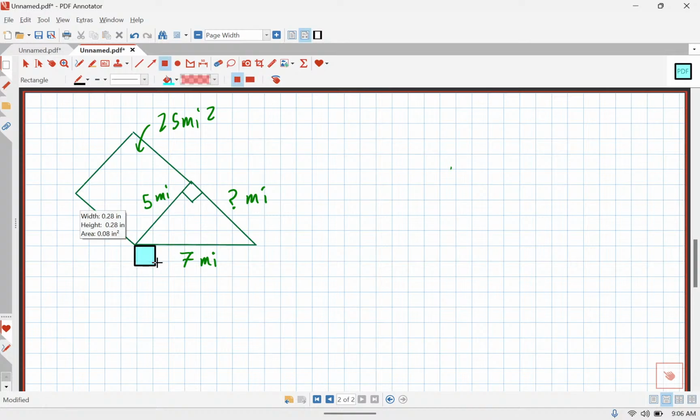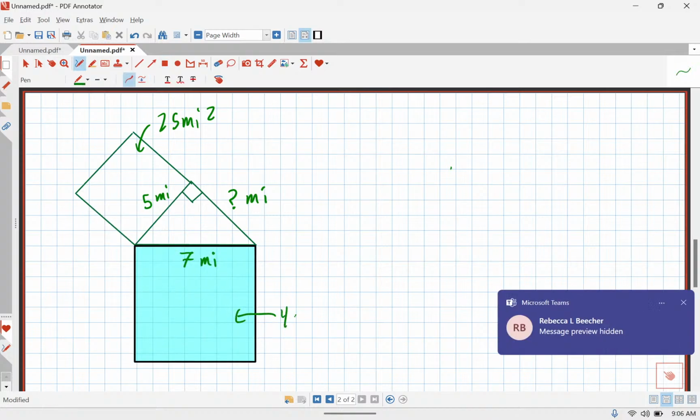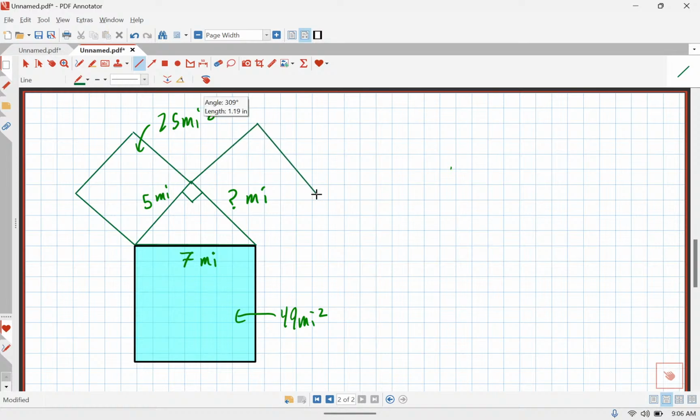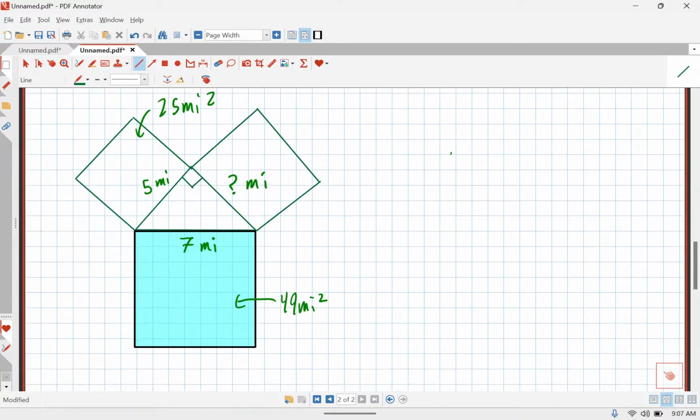And then 7 times 7 will give me the area of this square, which is 49 miles squared. And then how am I going to use that to find the area of this square? And why minus instead of add? That's right. I know that 25 plus something is 49, but I don't know what that is. And the way to do that is to say, well, what's 49 minus 25? Because that will give you whatever's left over.